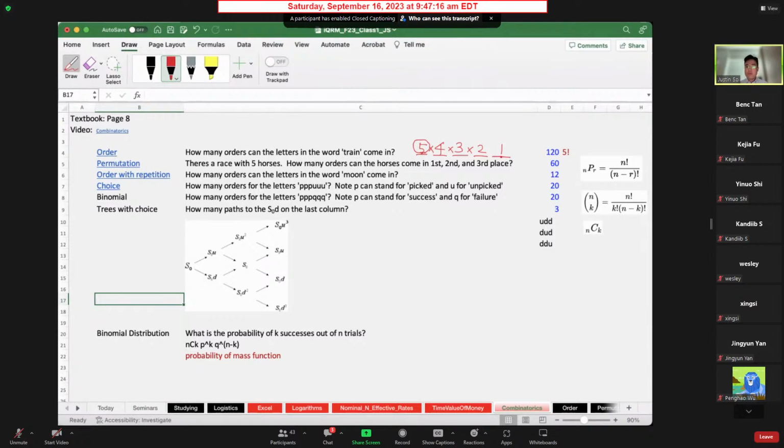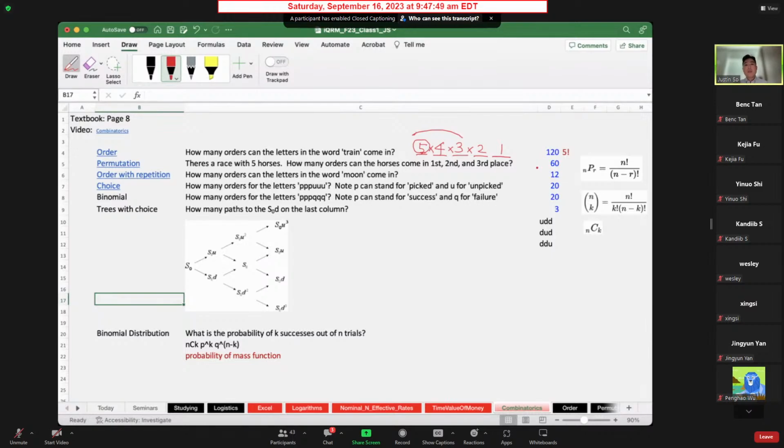You start from 5. Let's use the same example on top, only for these 3 spots. So for first place, any horse from 5 can come. Second, now it's 4. Third, 3. The remaining 2 places, we don't care. So the total possibilities actually become only 60.